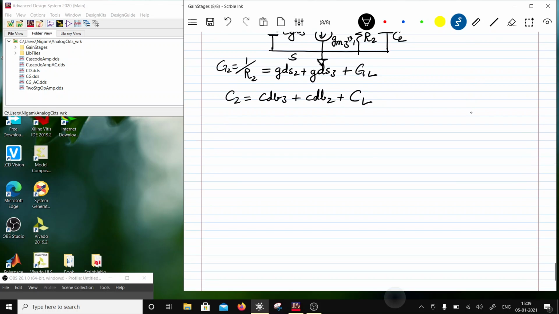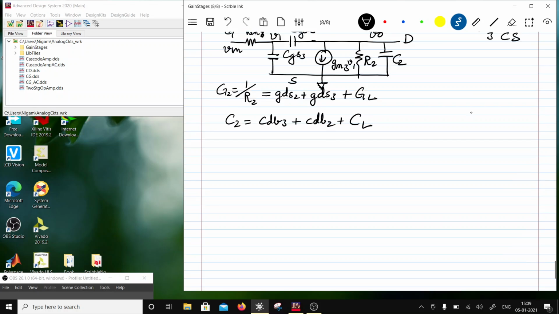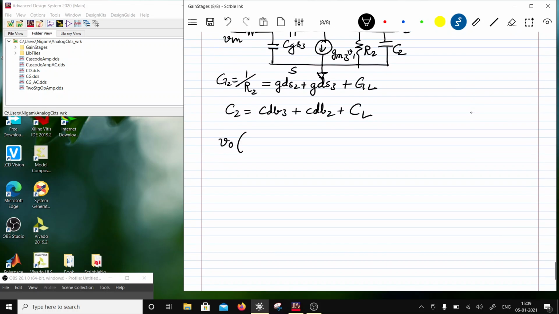So now I have defined R2 and C2 this way. Now what I'm going to do is write Kirchhoff's current law at the node VO, and that would be VO times all the connected things. So it will be VO times G2 plus SC2, right?